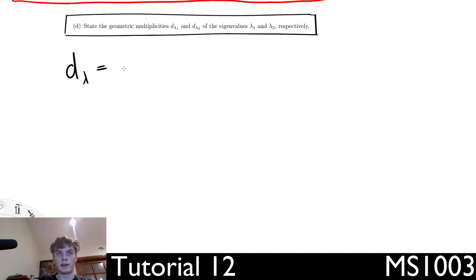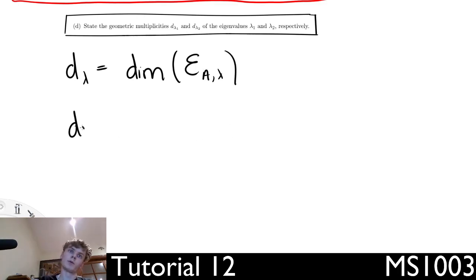So in general, d lambda is the dimension of the eigenspace of lambda. So d lambda 1 is going to be the dimension of E_A(lambda 1).